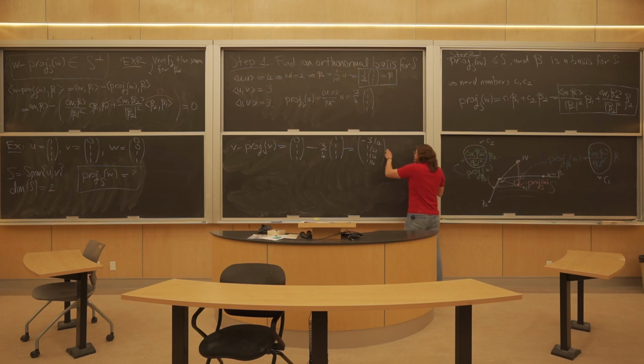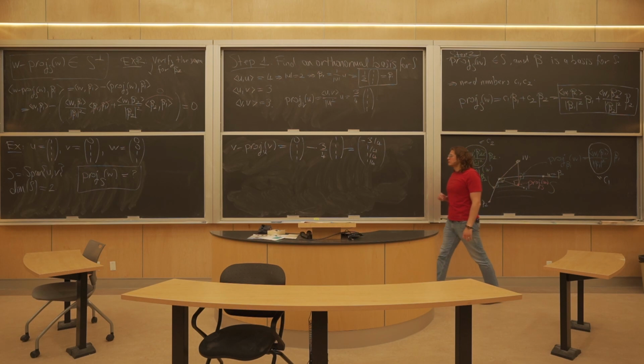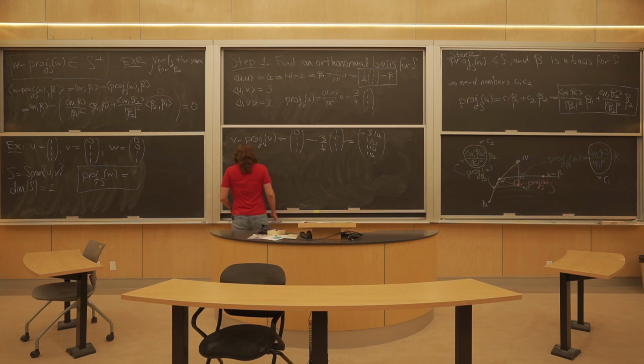And perhaps it's better to write it like this. Well, let me just leave it like this. So this is orthogonal to u. But you see, it doesn't have norm 1. I need to compute its norm. So I need to take the inner product of this with itself.